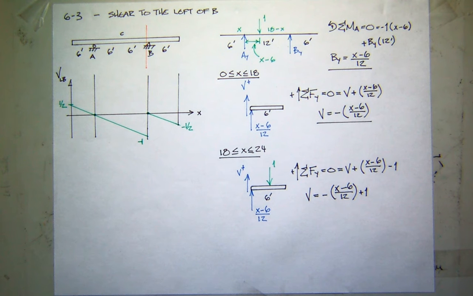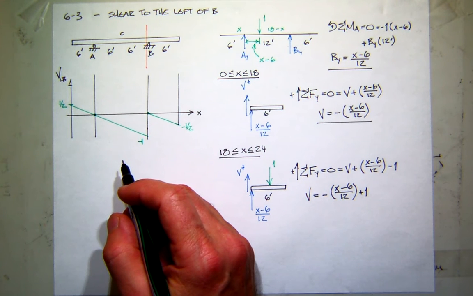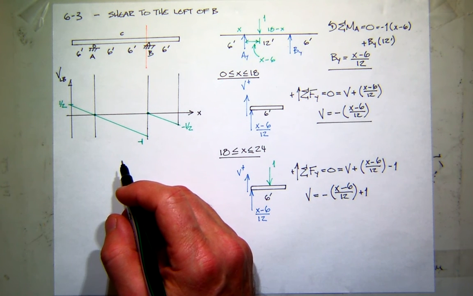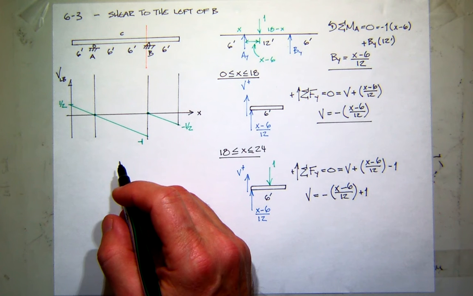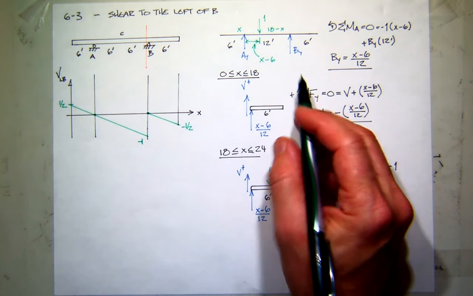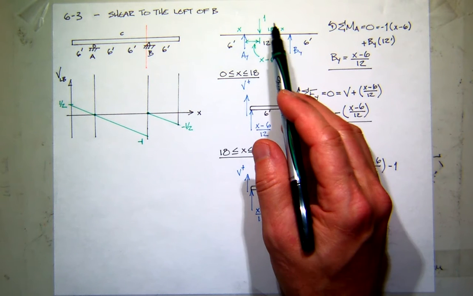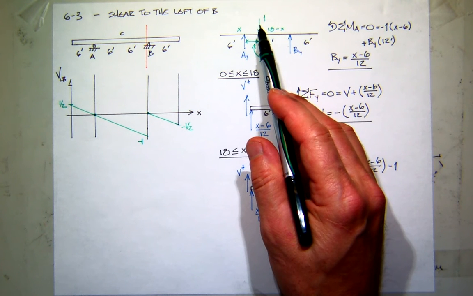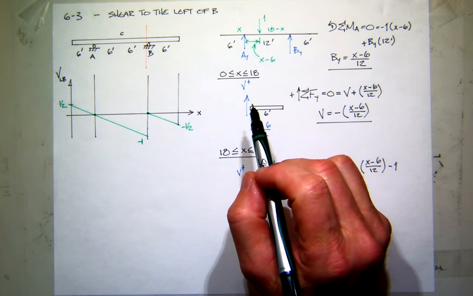So let's say they use that same free body diagram, but try to find the reaction at A. So X would be there, but the other side would be 18 minus X. If I want to find the reaction for AY, I just say AY plus BY has got to equal 1.